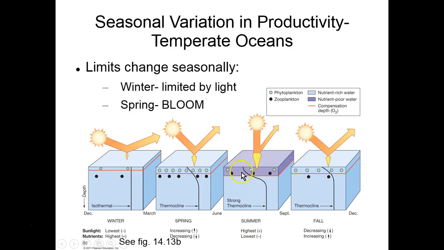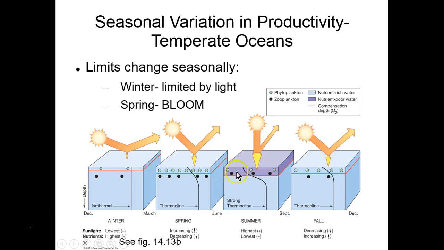The sun is hitting so directly that it is warming the surface waters. Therefore, that creates a very strong thermocline. So we have very warm water at the surface and cold water down deep, which the thermocline acts as a barrier. And so the cold, nutrient-rich waters cannot get up into the surface waters where they're needed anymore.